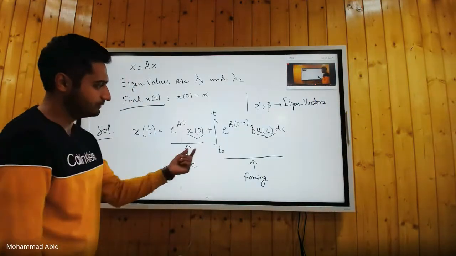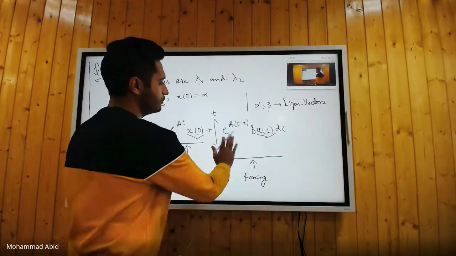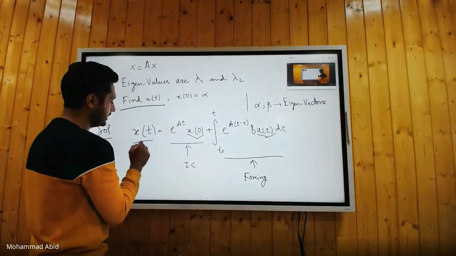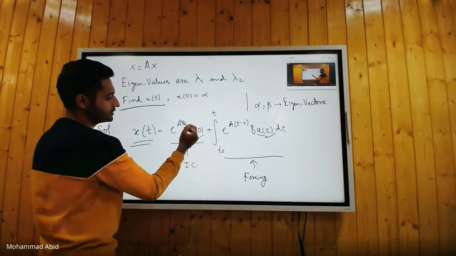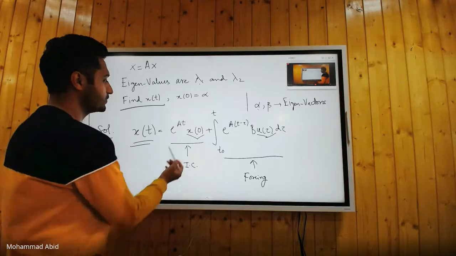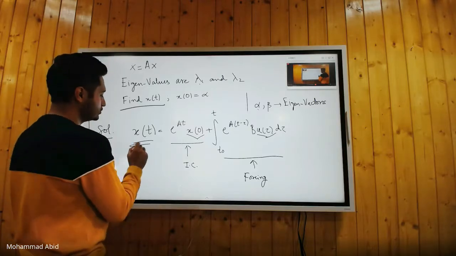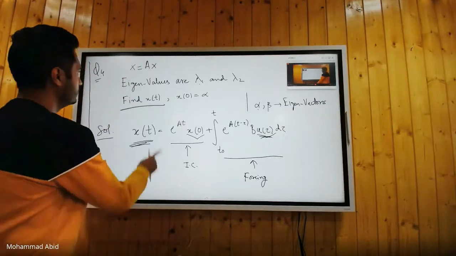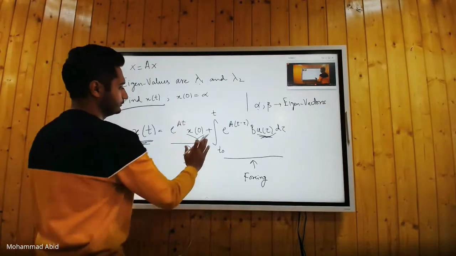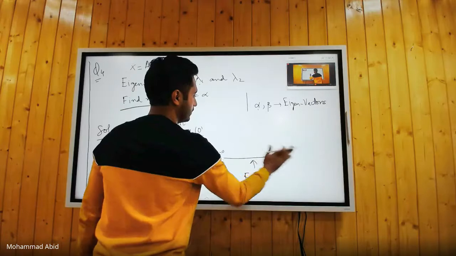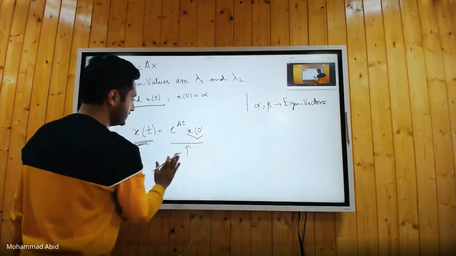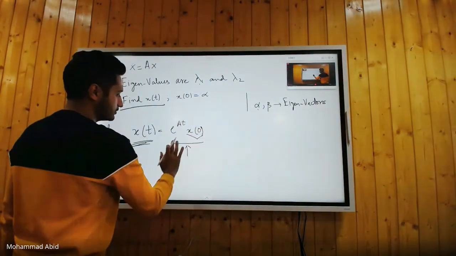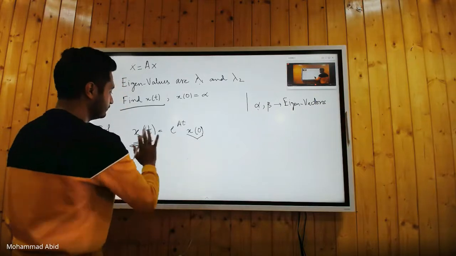So for a question, if there are no inputs, this term goes 0. So the overall x(t) is being supported by initial conditions. On the other hand, if initial conditions are 0, then the whole solution is being dominated by your input. For this question, there is no input. So this thing goes 0, which means that your state will evolve only using the initial conditions. This was an extra information.